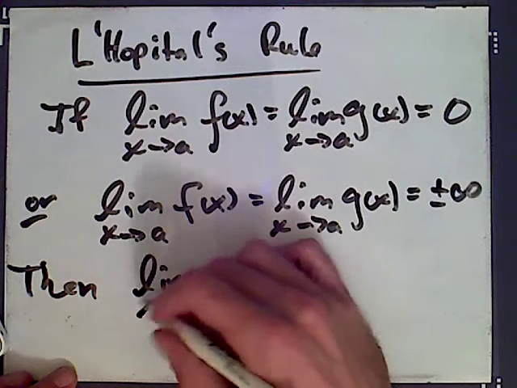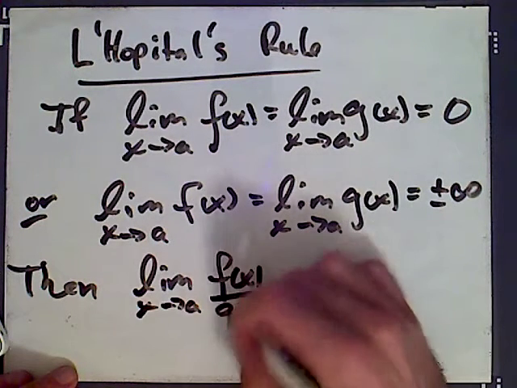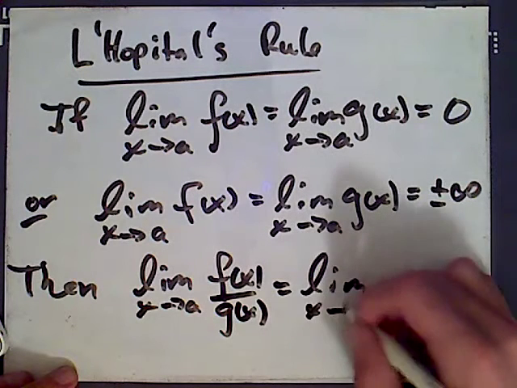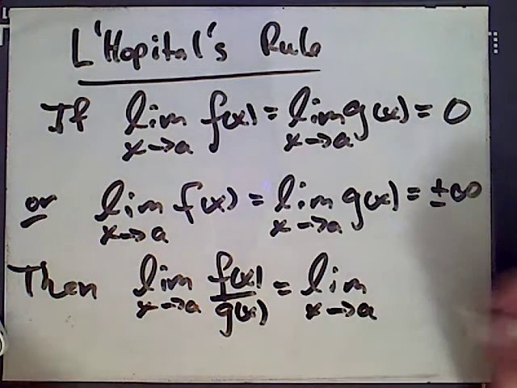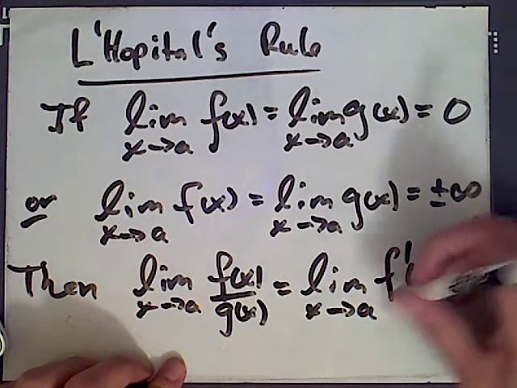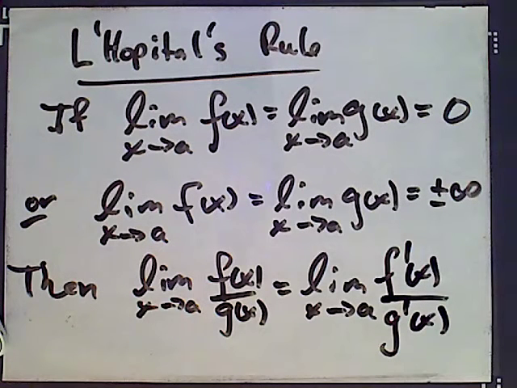The limit as x goes to a of f of x divided by g of x equals the limit as x approaches a of, well, in this case, L'Hopital's rule tells us we can take the derivative of the top and divide it by the derivative of the bottom, and these limits are equal.